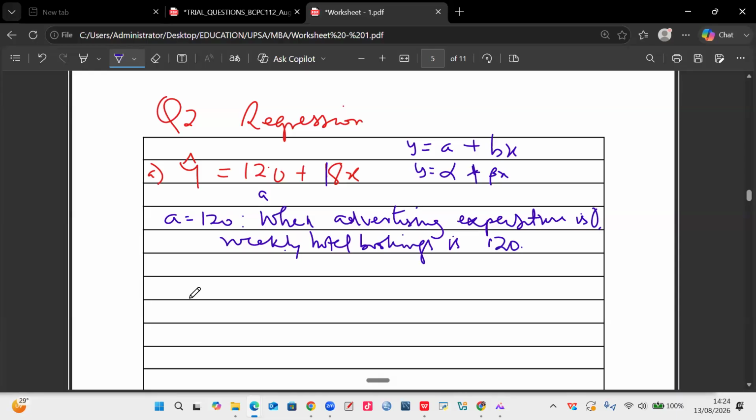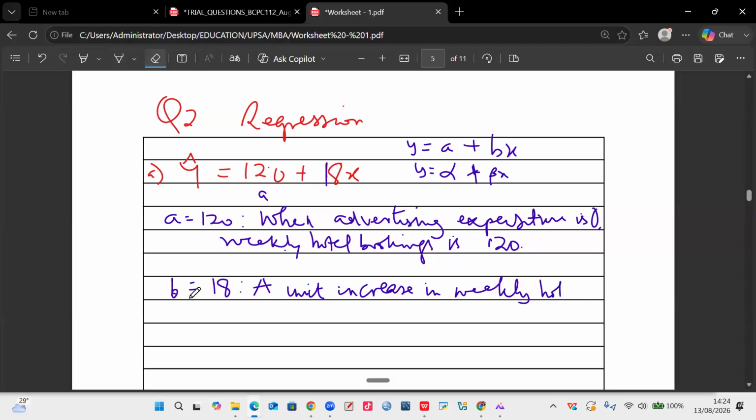Then we go to the B. The B is the 18. So we will just say that a unit increase in weekly, no, a weekly increase in advertising expenditure, because that's the X, right?